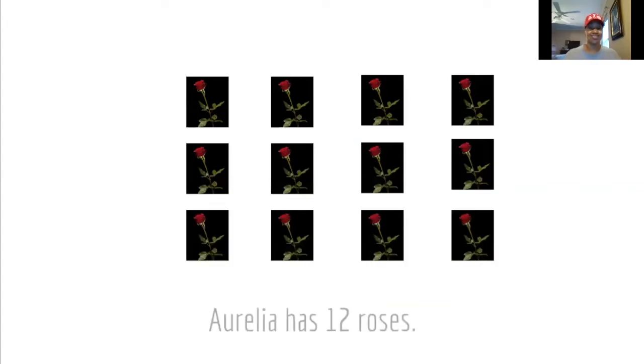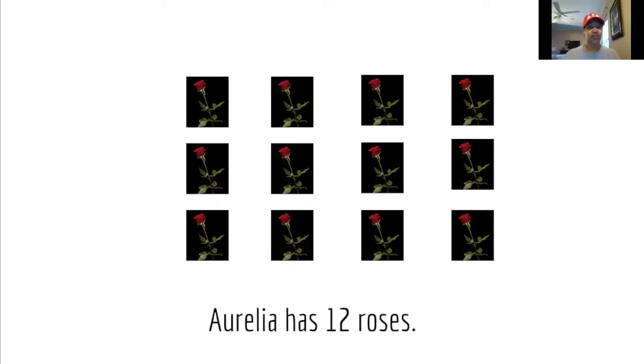We first have to create an array that shows 12 roses, which is the total number that she purchased in the 1 dozen. Here we are, creating our array of 12 roses. That is how many Ariel bought, right?